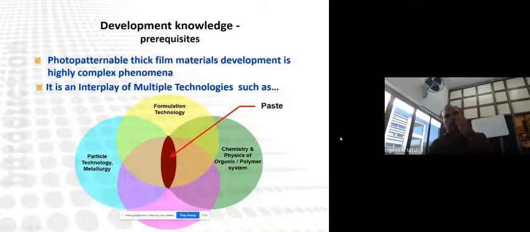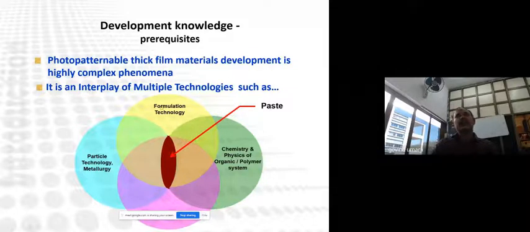To develop such a nanocomposite, we require special prerequisites, because it's not a single area; it covers multiple technologies. To develop a paste, we need to know formulation technology, then particle technology, that is metallurgy, because the functional material is there.